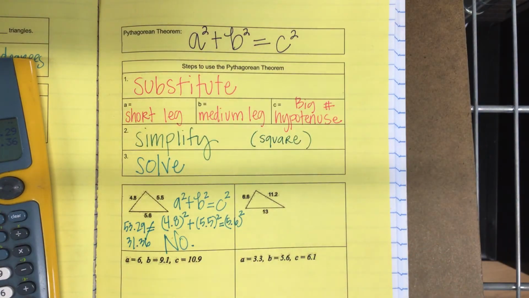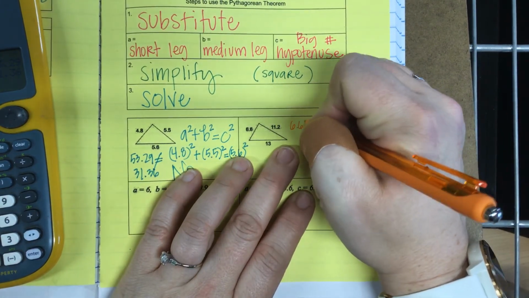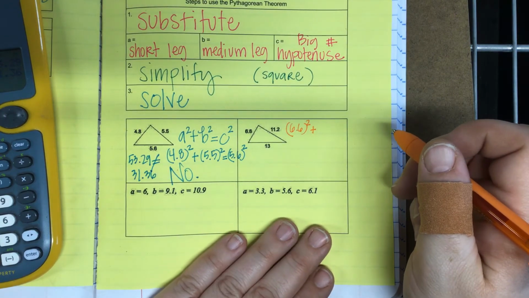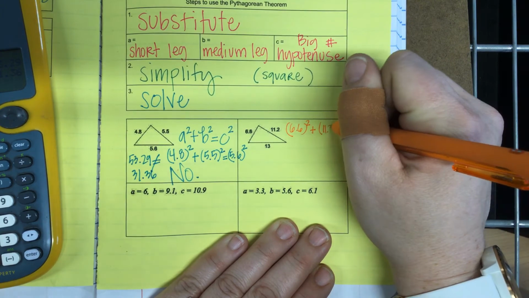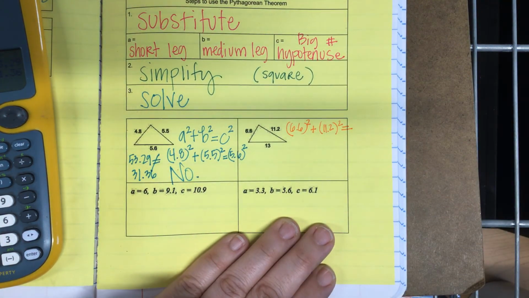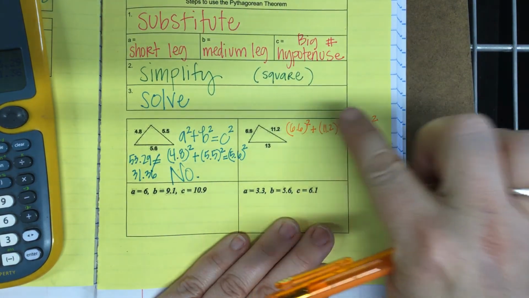All right, let's try the next one. What's your A? 6.6 squared plus, what's your B? 11.2 squared equals, what's the C? 13, because that's the biggest side. Small, medium, big.